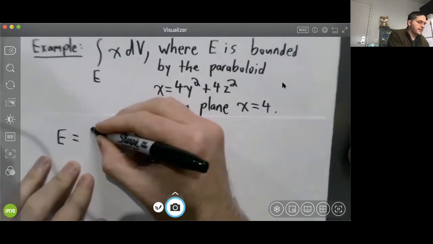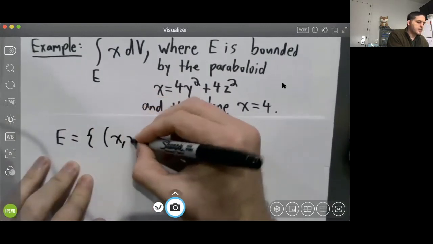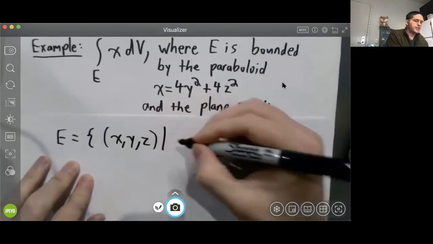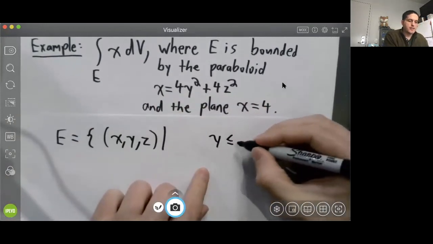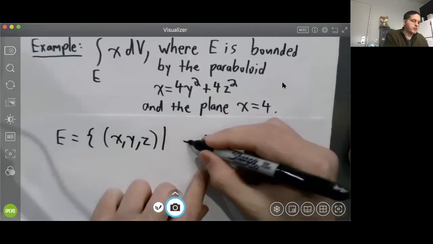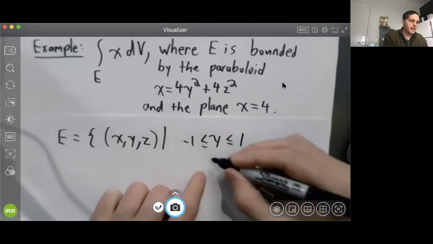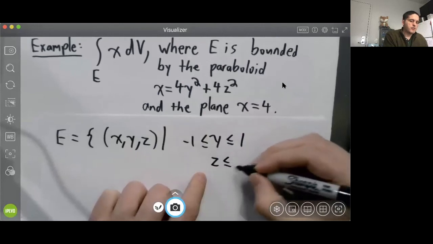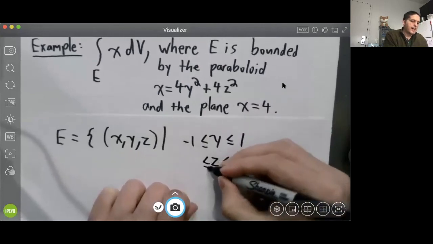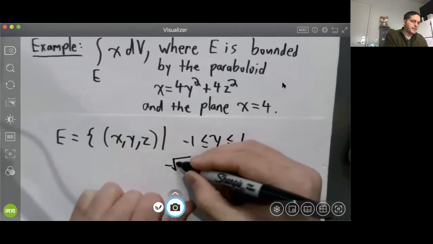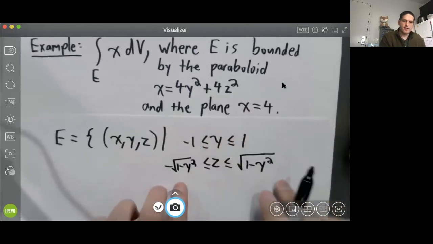E consists of all points x, y, z, such that, and here I'm going to say y is in between -1 and 1. z is in between the square root of 1 minus y squared and minus the square root of 1 minus y squared, like this.